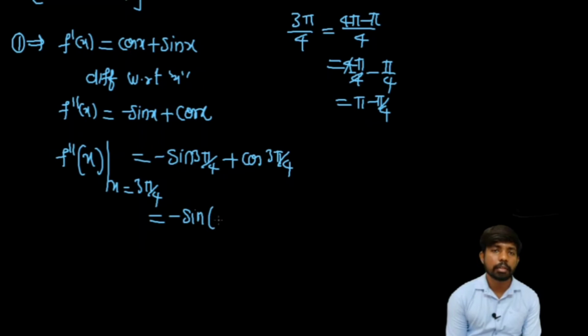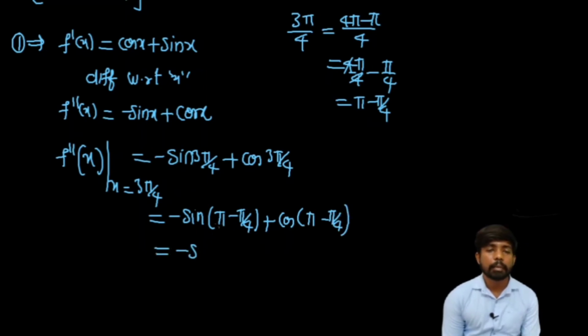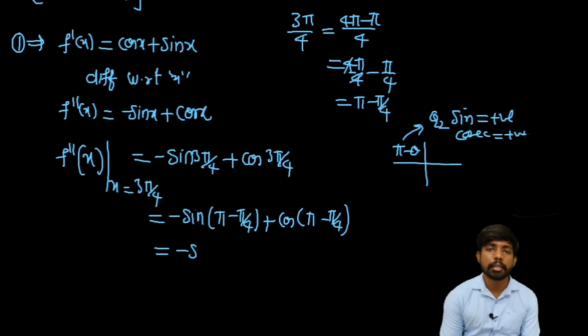So minus sin of (pi minus pi by 4) plus cos of (pi minus pi by 4). Here it is 180 minus theta, which is in the second quadrant. Sine and cosecant are positive there, so sine stays as sin pi by 4.